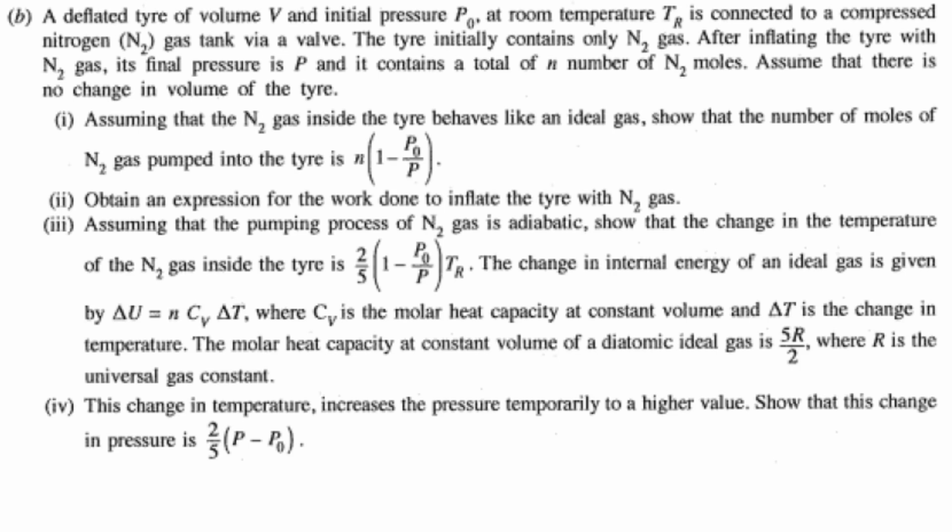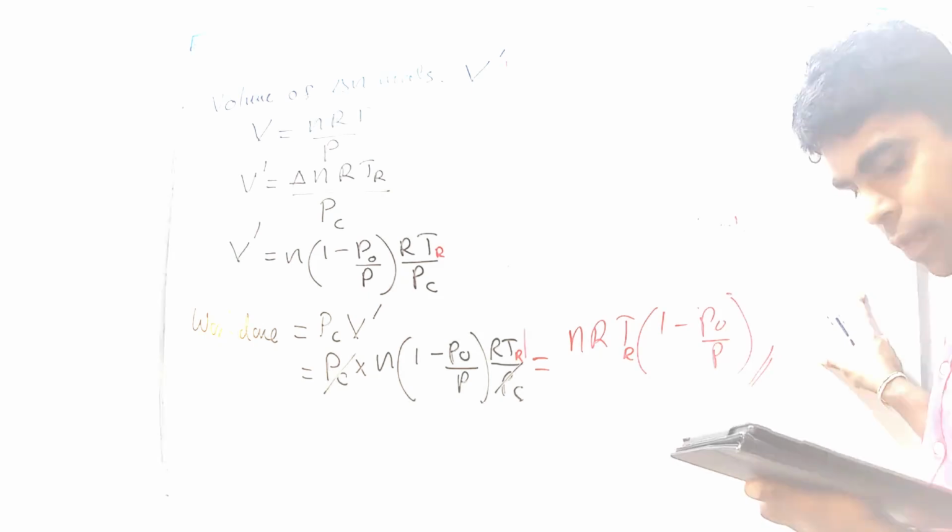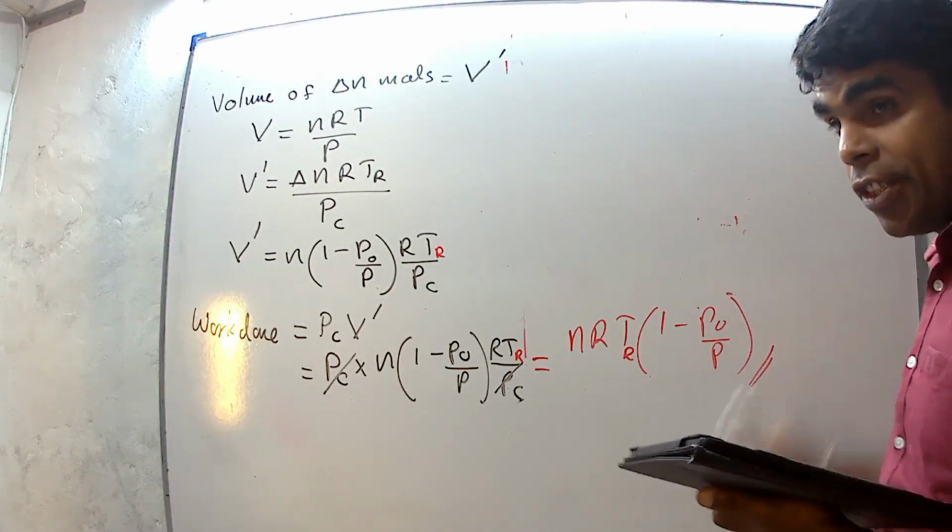The change in internal energy of an ideal gas is given by delta U equals NCV delta T, where CV is the molar heat capacity at constant volume and delta T is the change in temperature. The molar heat capacity at constant volume of a diatomic gas is 5R over 2, where R is the universal gas constant. We have to get the temperature change.